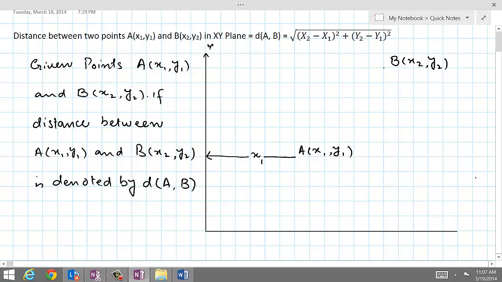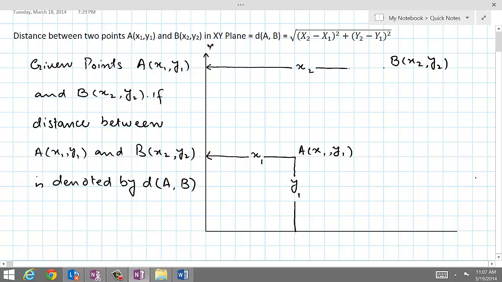From here to here, this is distance x1. And y1 is this distance from point A to the horizontal axis, the x-axis. So this is our distance y1. And similarly for the point B, this horizontal distance is x2.